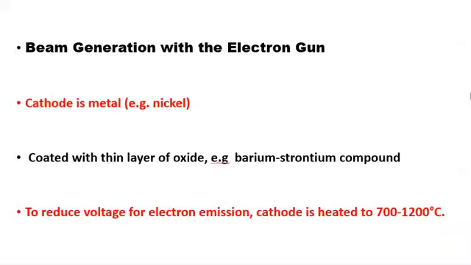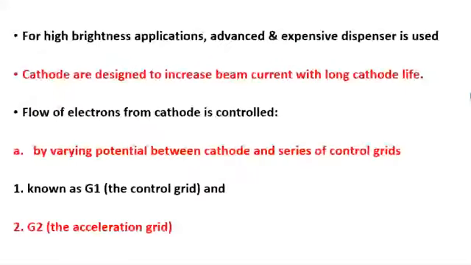And if you want to produce the voltage for the electron emission, definitely you have to make sure that the voltage requirement is reduced. And how do we achieve that? We achieve it by heating our cathode to a temperature ranging from 700 to 1000 degrees Celsius.